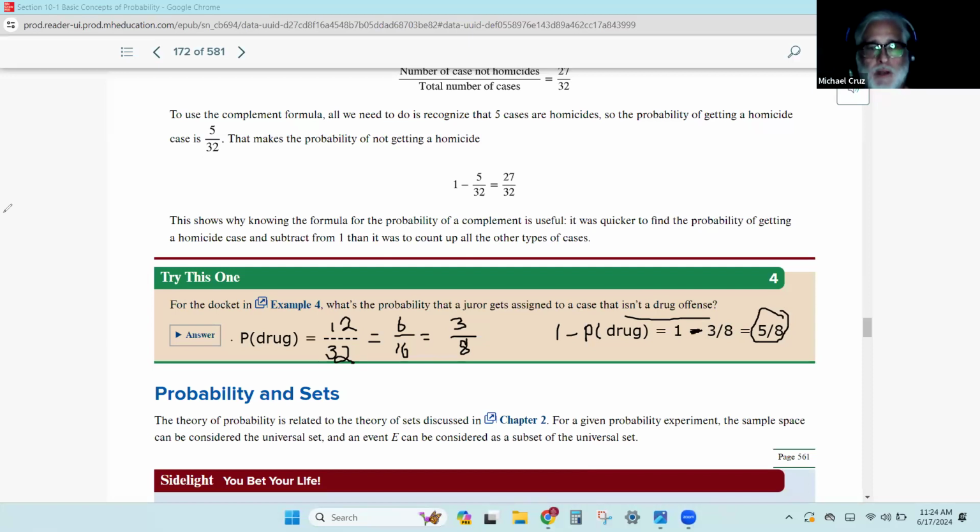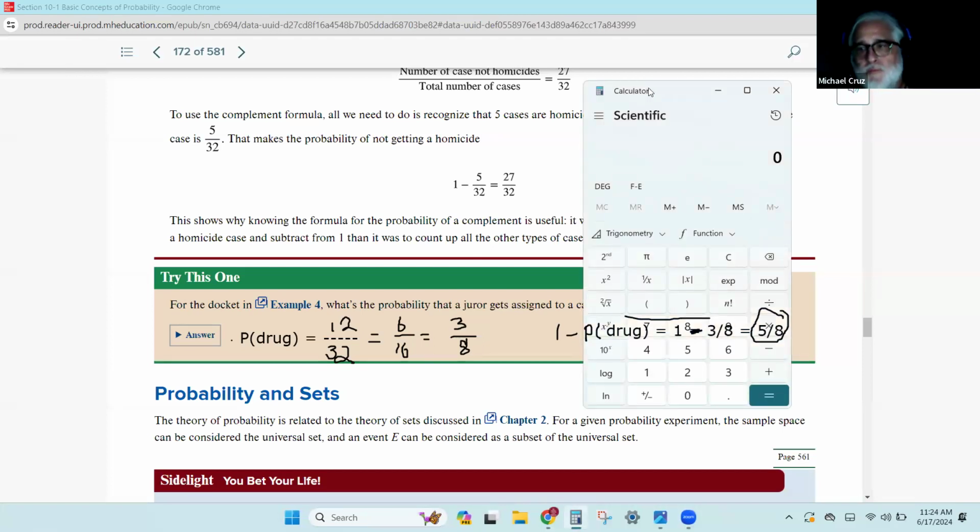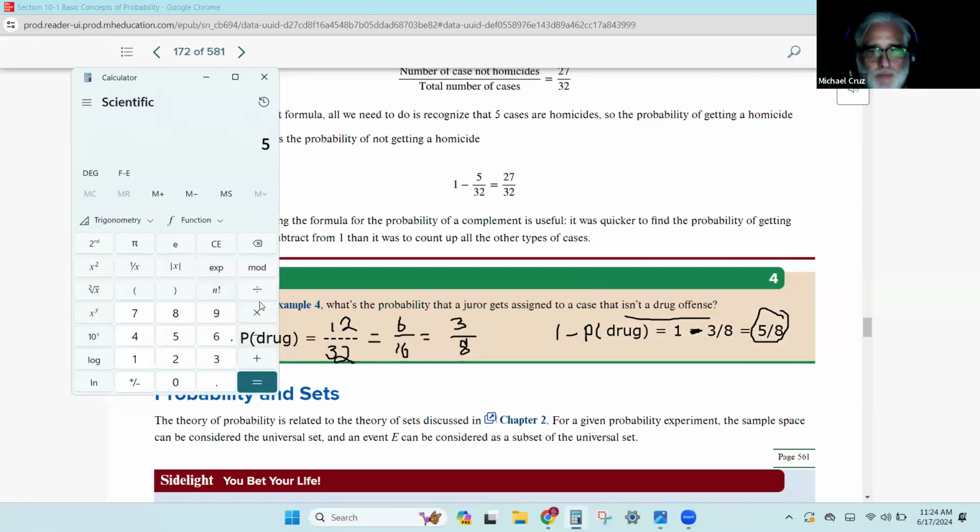We can also look at it as a decimal. So 62.5%.